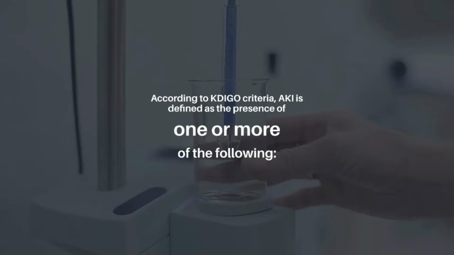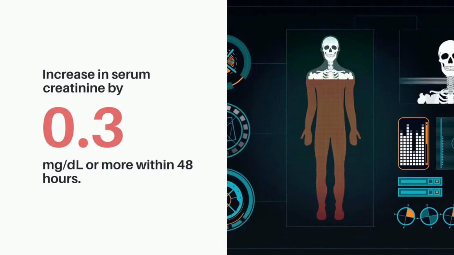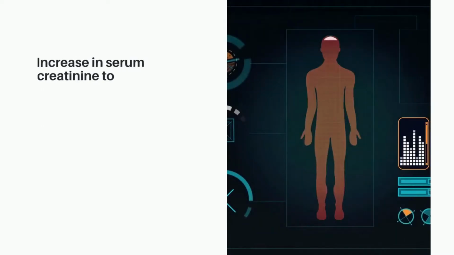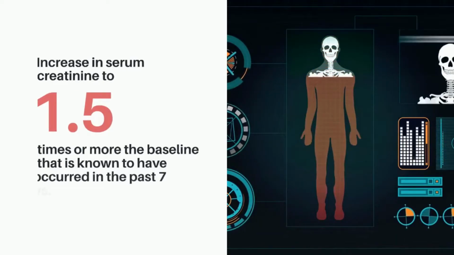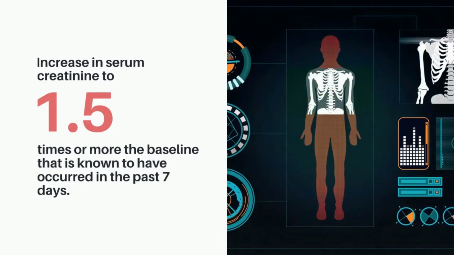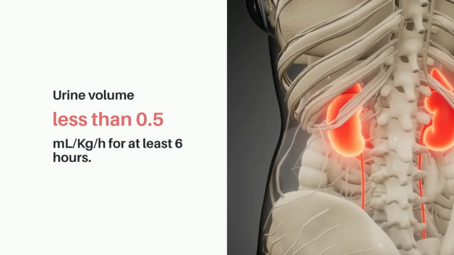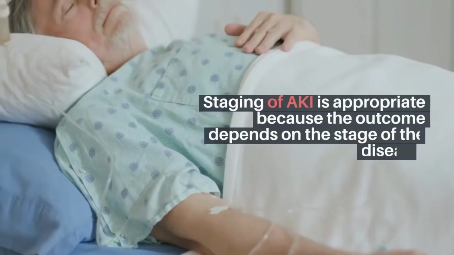First, increase in serum creatinine by 0.3 milligrams per deciliter or more within 48 hours. Increase in serum creatinine to 1.5 times or more the baseline that is known to have occurred in the past 7 days. Urine volume less than 0.5 milliliters per kilogram per hour for at least 6 hours.